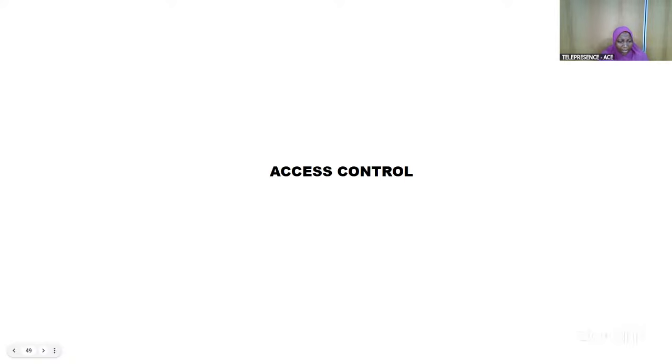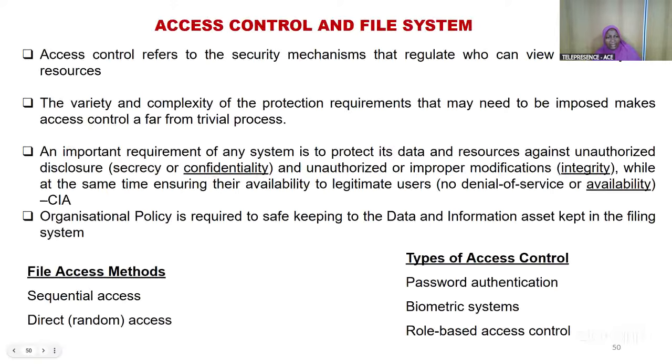So talking about access control, this refers to the security mechanism that regulates who can view or use system resources. You don't want a situation where just anybody has access to your data and information assets. You have kept them, but of course, there must be an organizational policy that will keep those assets safe. And what is the key word there?